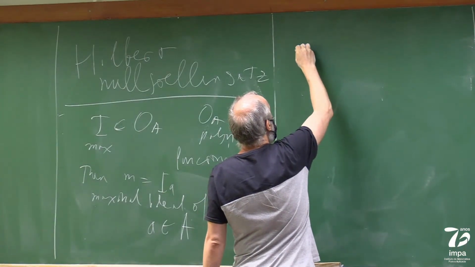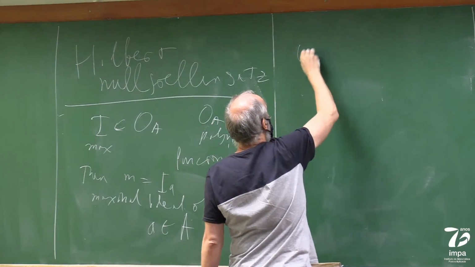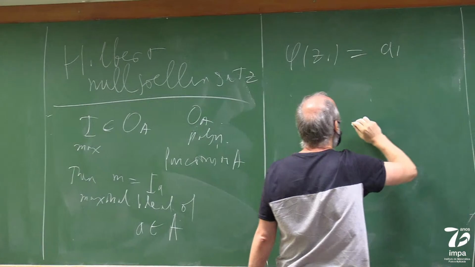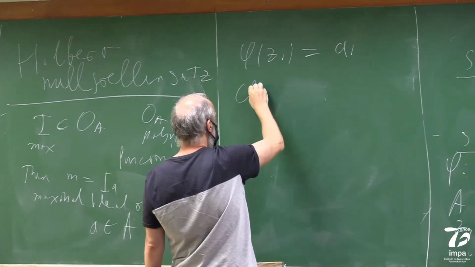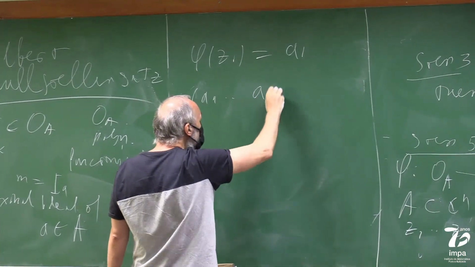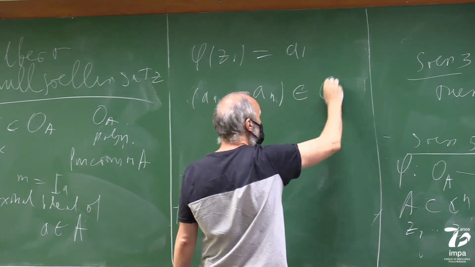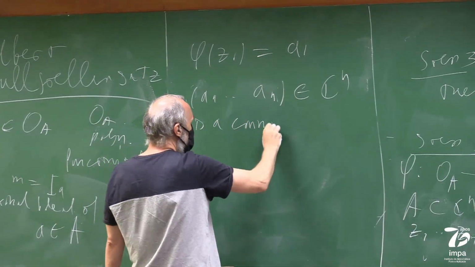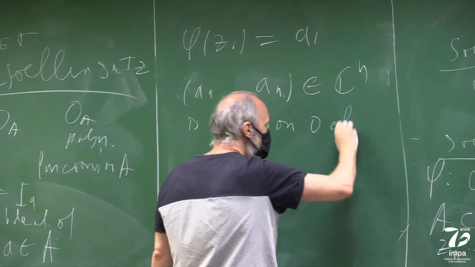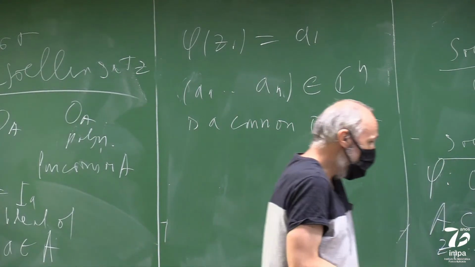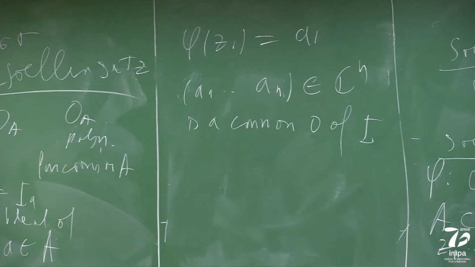I have phi of Zi, let's call it Ai. I claim that the point (A1, ..., An), which belongs to Cn, is a common zero of our ideal. And this is what we need to show. We need to show that there is a common zero. This produces this common zero.